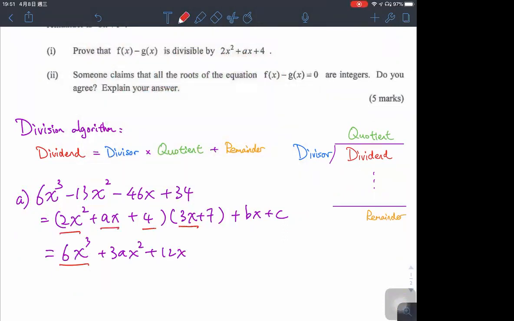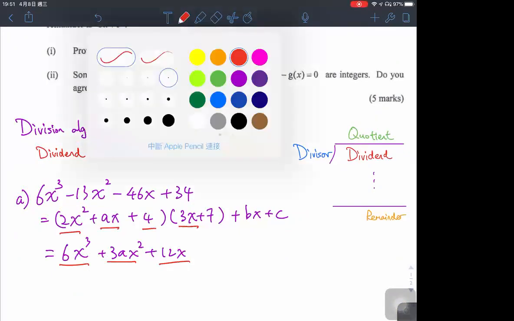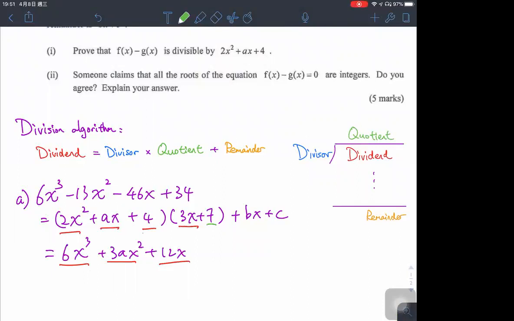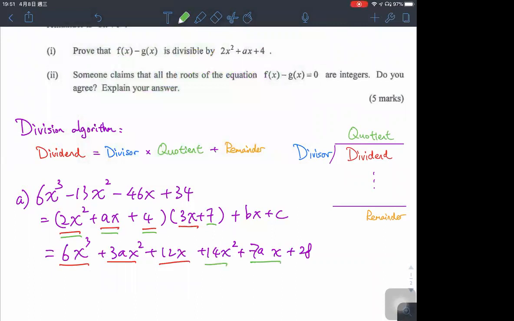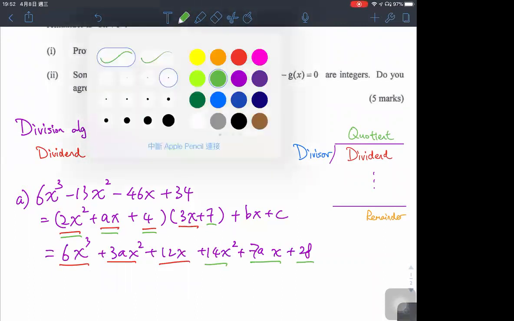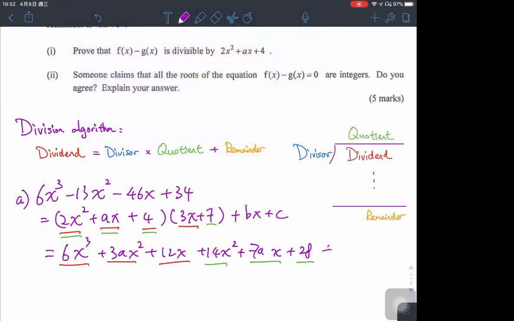Okay, those are the terms multiplied by 3x. And then the terms multiplied by 7: 14x squared, 7ax, and then plus 28. These three terms are the expansion by 7, and then don't forget the remainder bx plus c.